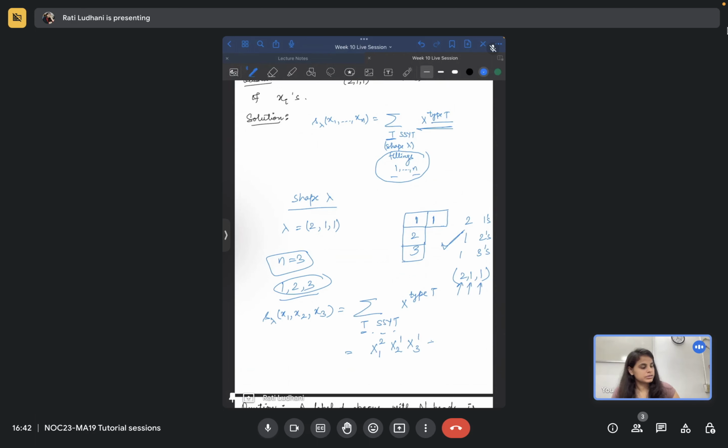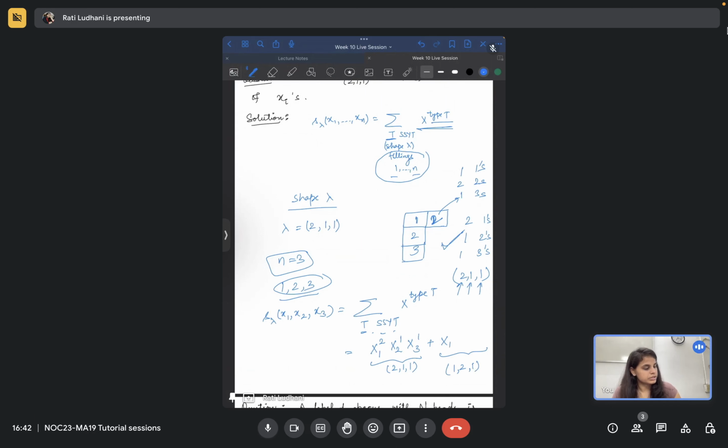Plus the next one, this corresponds to 2 1 1. Now the next one, if you consider 2 here, then what you will get is one 1, two 2s, one 3: x1 to the 1, x2 squared, x3 to the 1.